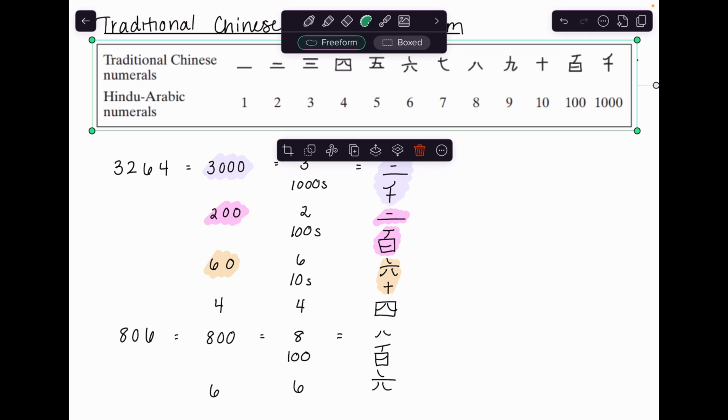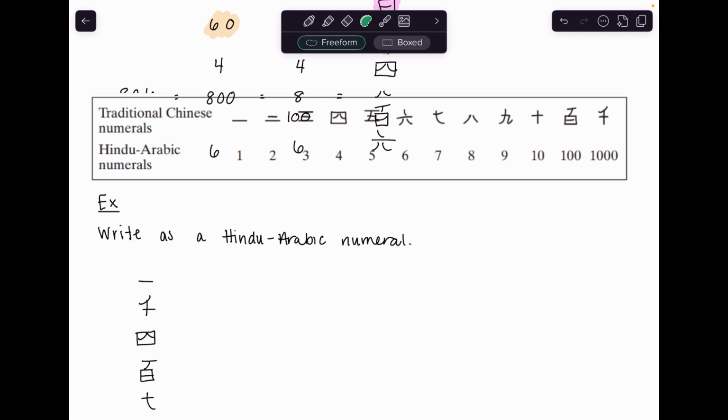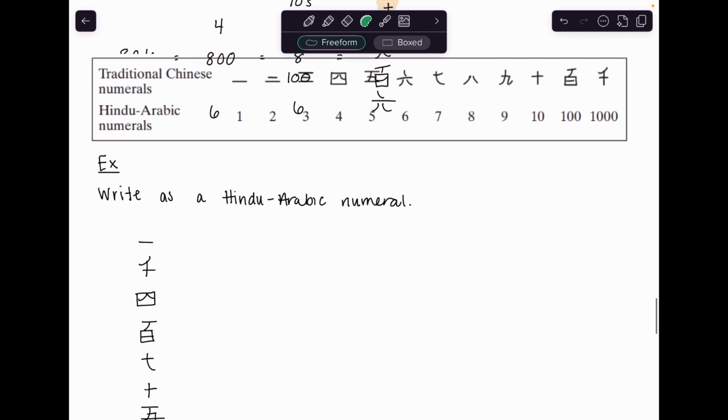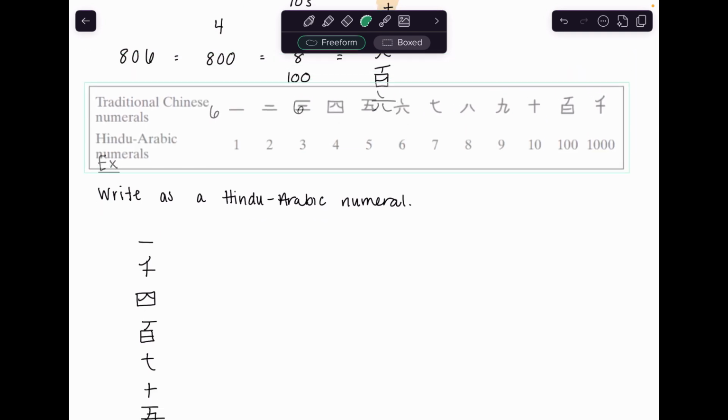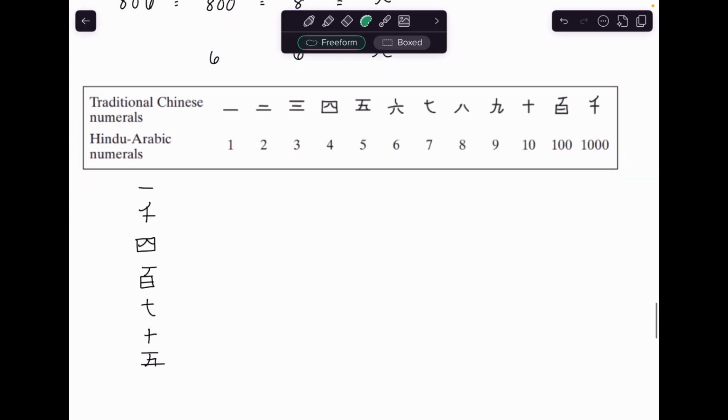So let's try an example where we're going to be given the Chinese numeral, and we want to write it as a Hindu Arabic numeral. So let me pull this just down here. So what I do is the same kind of thing. I need to pick off what each of these mean. So the first one is the symbol for 1.